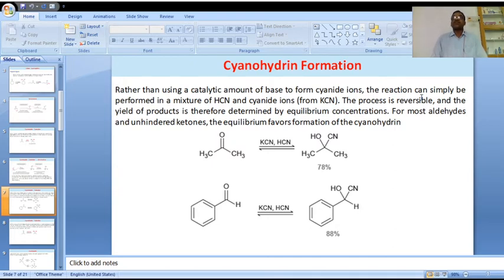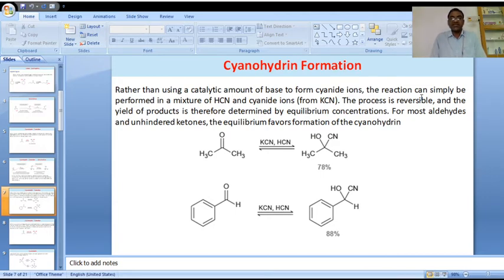What type of products may be obtained, and how much percentage yield, in which type of reaction, aldehyde or ketone, the equilibrium favors formation of cyanohydrin. In which reaction the percentage is more, we will discuss in this part.